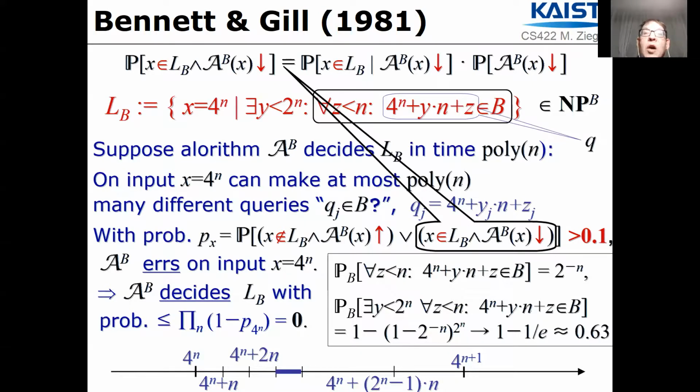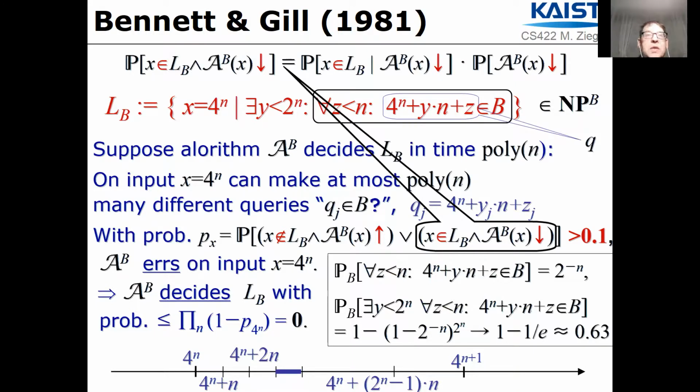And since there are only countably many of these algorithms, that probability is bounded by the countable sum of 0, which is still 0. So this is how we make the whole argument independent of the algorithm, right? So first we showed that any algorithm makes an error with probability, and then we show that the probability that there exists an algorithm is also 0.